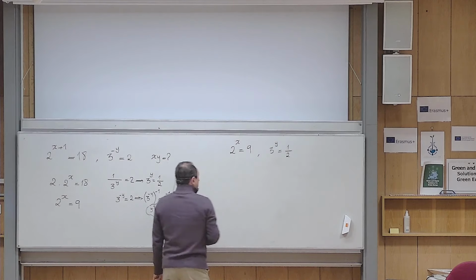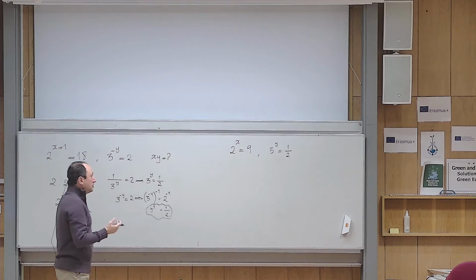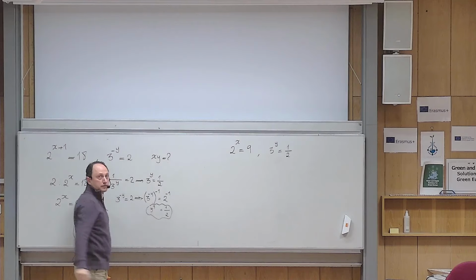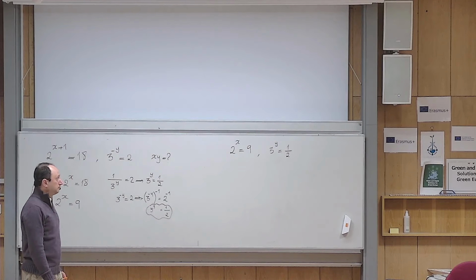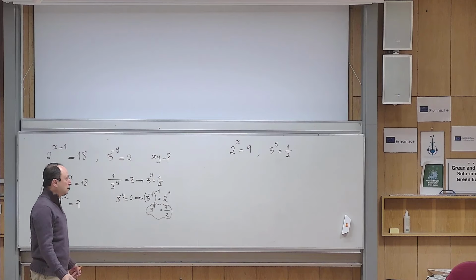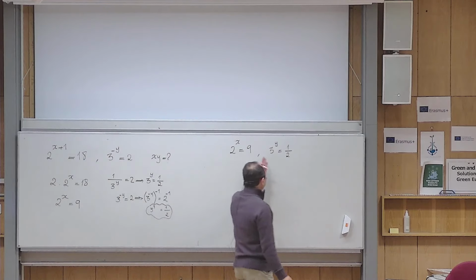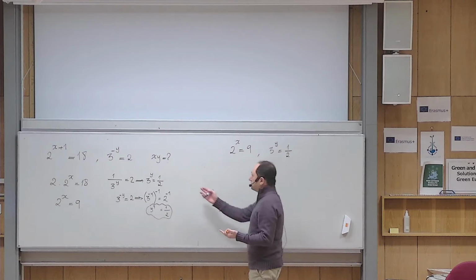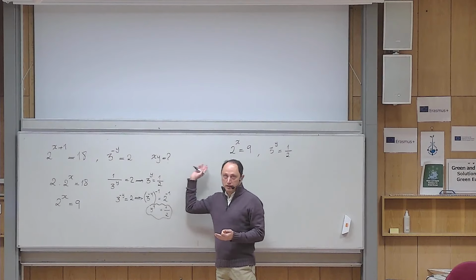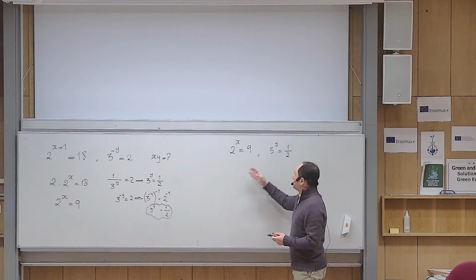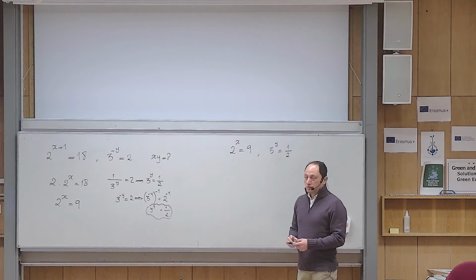But now the problem is how can I connect these two pieces of information to get something about the product of x and y? I need to produce x times y in my equations. If I add them or multiply them, none of that will work.